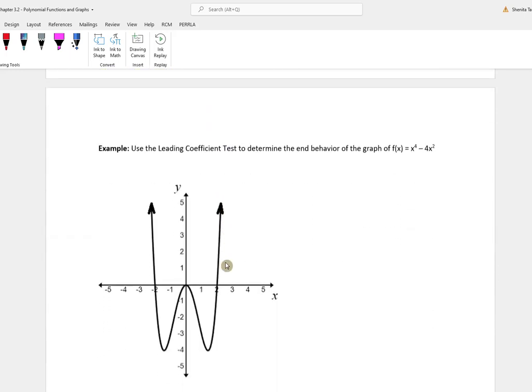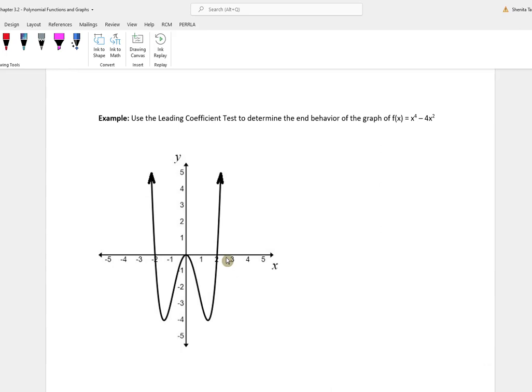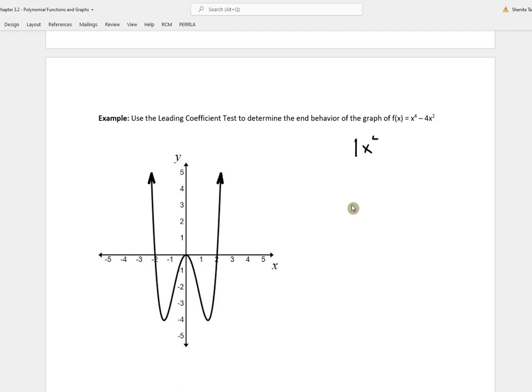All right, so let's look at this first problem. We have f of x is equal to x to the fourth minus 4x squared. Now, on your homeworks, it will not give you a graph of some of these problems. I just put the graph so you can see how it will rise or fall. So, in this problem, the leading term is 1x to the fourth. This is even.